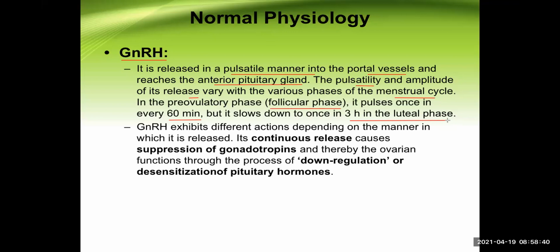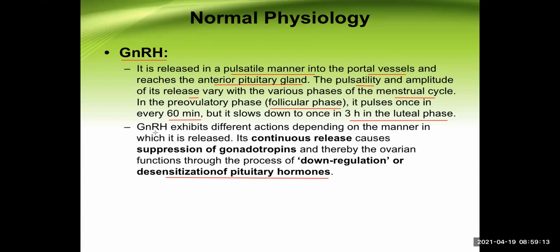If we make this pulsatile release into a continuous type of release, then it will lead to suppression of release of gonadotropin. This is very interesting mechanism of action here. And this is done through the process of down regulation or desensitization of pituitary hormone. Now, let me clarify this once again.